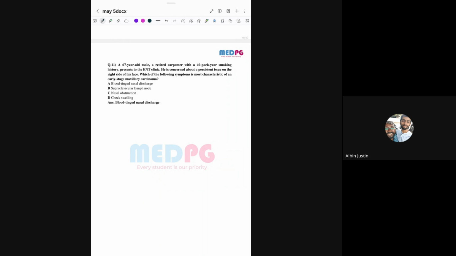And the earliest characteristic symptom is actually blood-tinged nasal discharge, because the maxillary sinus is the most common paranasal sinus involved in carcinoma. That is carcinoma of the maxillary sinus.